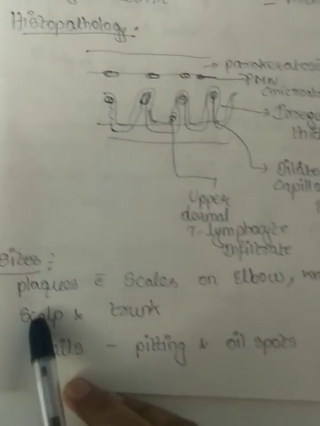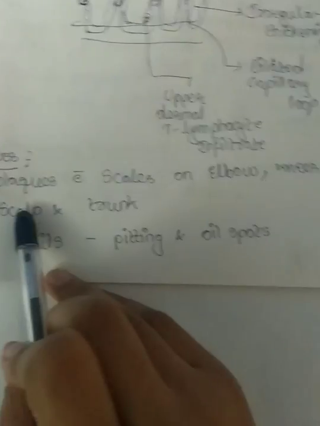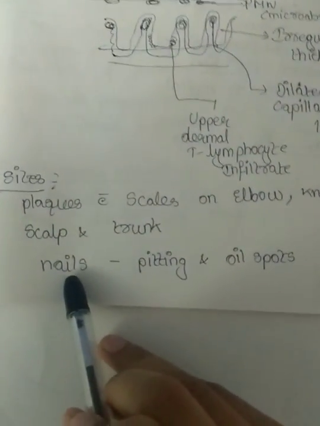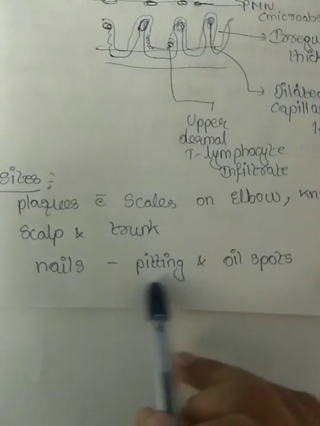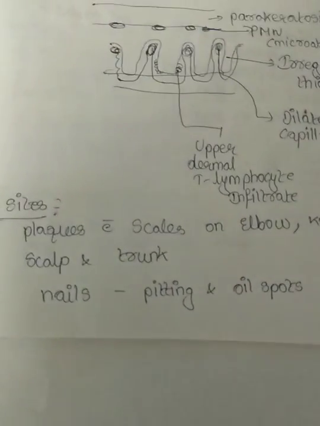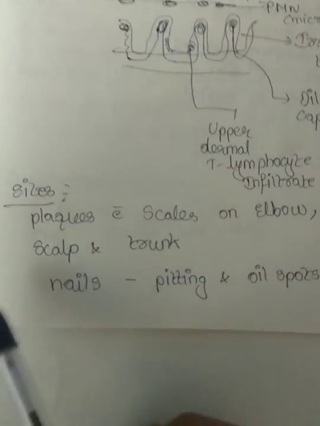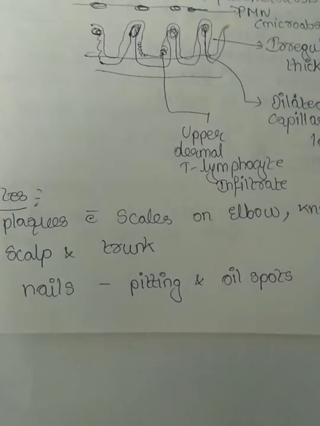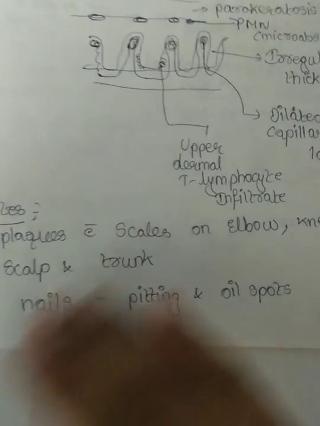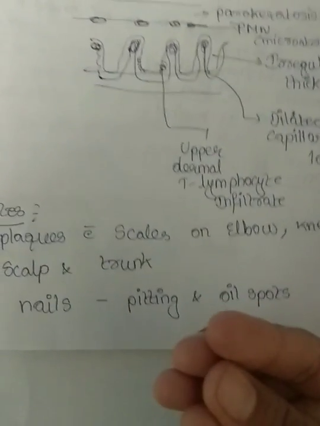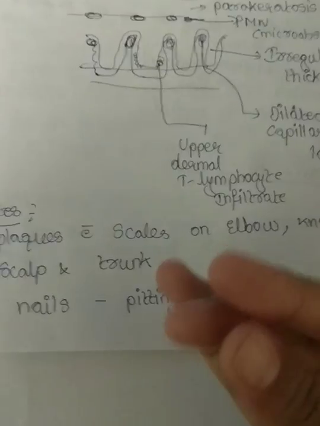Which sites does it occur over? The elbow, knee, scalp and trunk. As I have said before, in the nails we can identify it by pitting and oily spots. The common clinical manifestations are pain, itching, intense burning, then scaling over the skin, silvery, like candle wax.